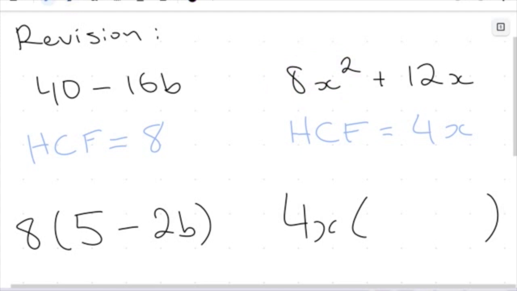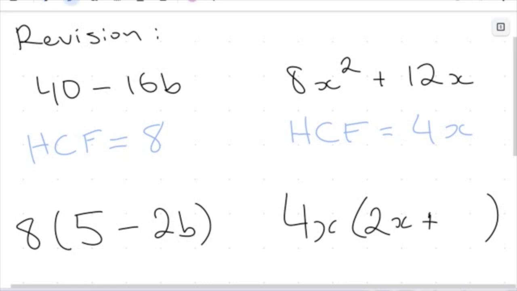Well, it had to have been multiplied by an x because I have an x squared here. And the 4 went to 8, so it got multiplied by 2. So when I factorize this, I pull out my 4x, and the thing inside my brackets was 2x. Now this next term's positive as well, so I'm going to have a plus here.